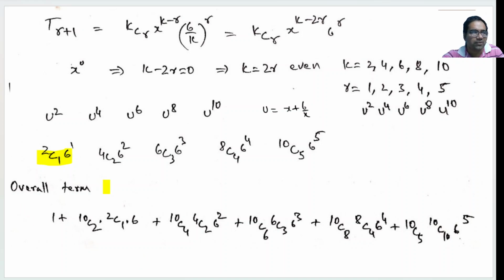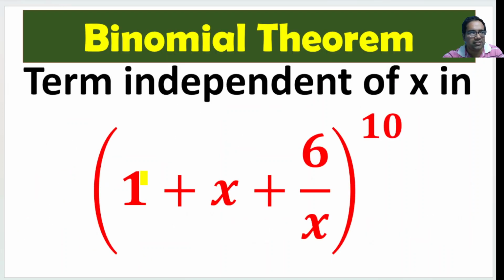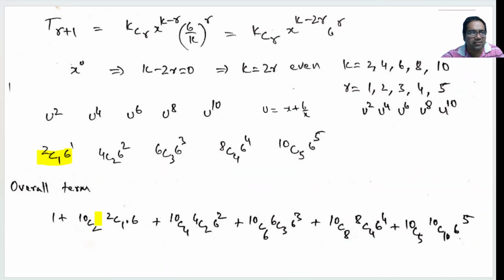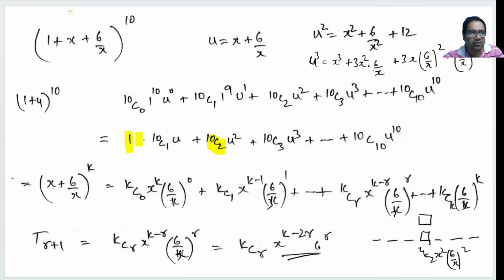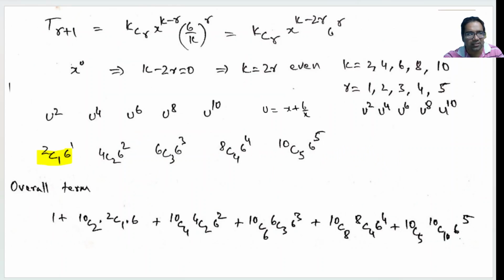So what is the overall term which is independent of x in this expansion? It is 10C0, which is the original one, 1, plus 10C2 times something, plus 10C4 times something, plus 10C6 times something, likewise. So the final answer is 10C2 into 2C1 6 power 1, 10C4 into 4C2 into 6 square.